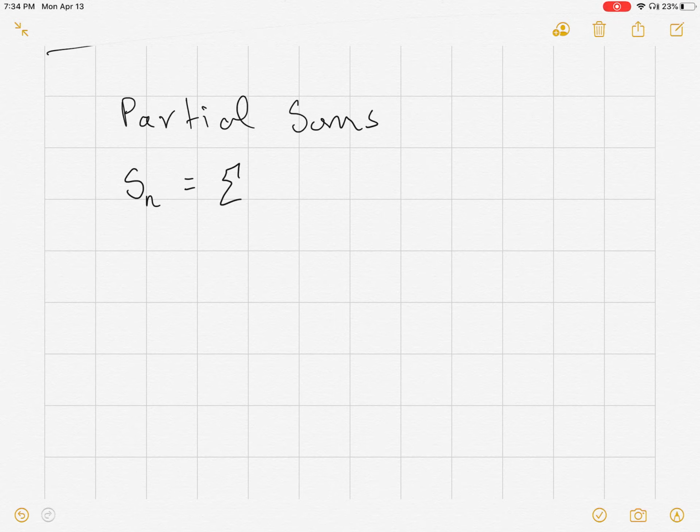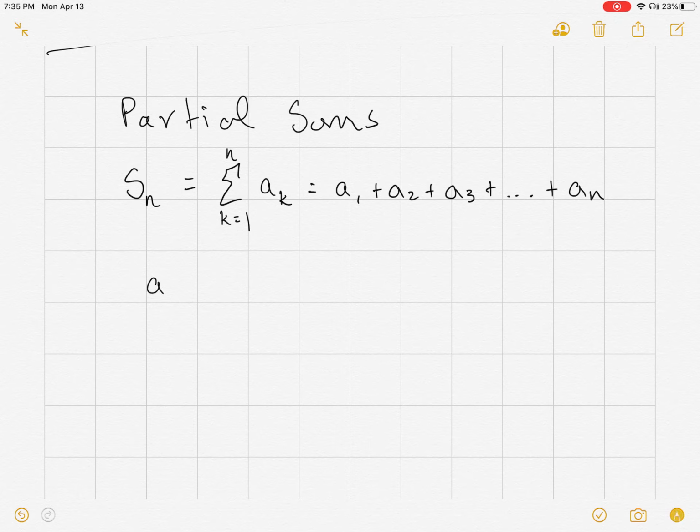So we're going to write from k equals 1 all the way up to n of a sub k. All this means is we're going to take a1, add it to a2, and then keep adding together terms of this sequence until we get up to n. That's all our partial sum is.